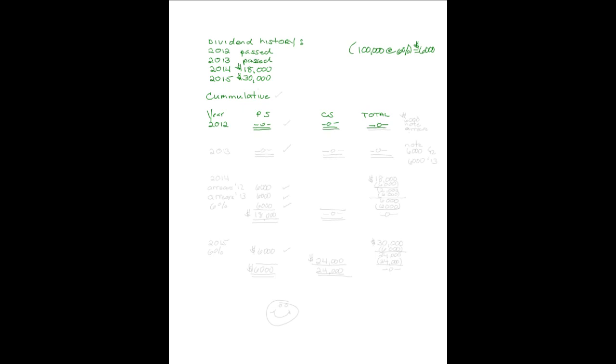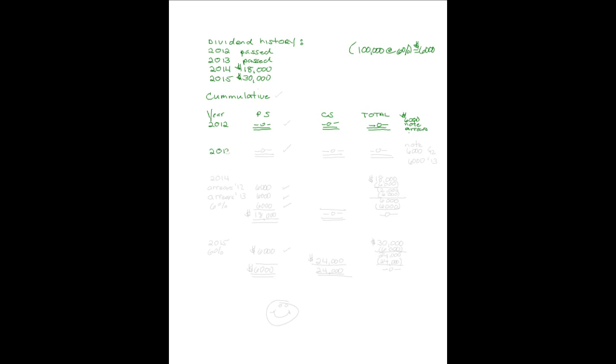But in the balance sheet, it will note that there's dividends in arrears for this year in the amount of $6,000. There'd be a note in the financial statements that says dividends in arrears, $6,000.